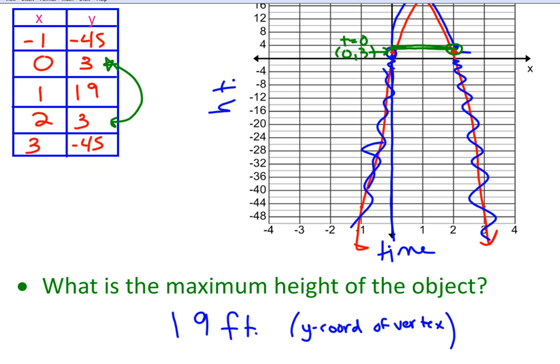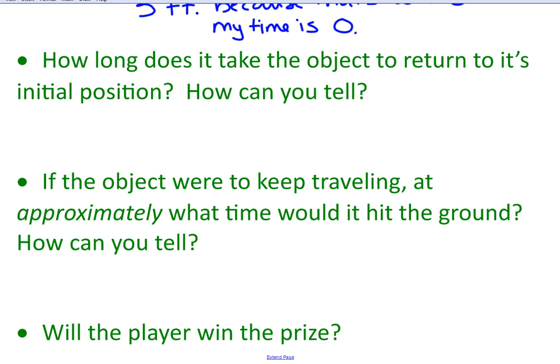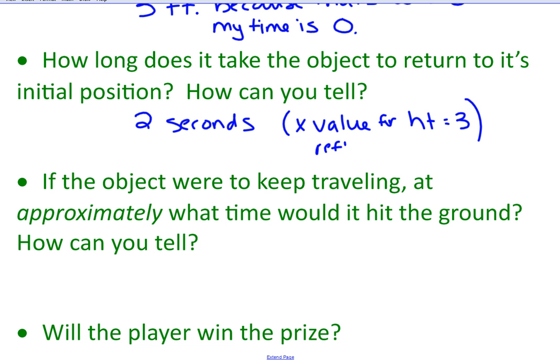So that means time is x, so 2 seconds is how long it took it to return to it. So in 2 seconds, the ball went up and back down. It was very quick when I played the game. And I'll say that's my x value for my height equal to 3. You can think of it as your reflection point for that 0.